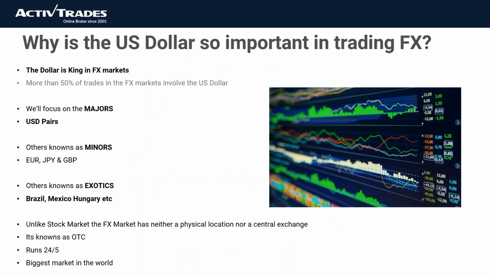The reality is that the dollar is king in the FX markets. Whether you like it or not, the dollar is king, and more than 50% of trades in the FX market involve the US dollar in some form. So it is unbelievably important to stay on top of the US dollar, to understand what the US dollar is doing.